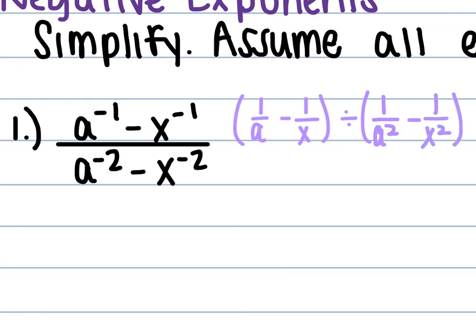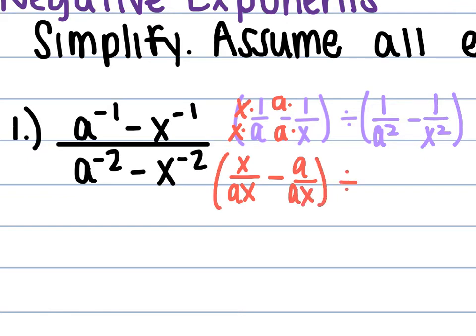If we find the least common denominator for the first set of fractions, it's going to be ax, multiplied top by x, and bottom by x for the first. The second is going to be multiplied by a, top and bottom. So this is going to be x over ax minus a over ax. Divided by your second set of parentheses, their least common denominator is a squared x squared.